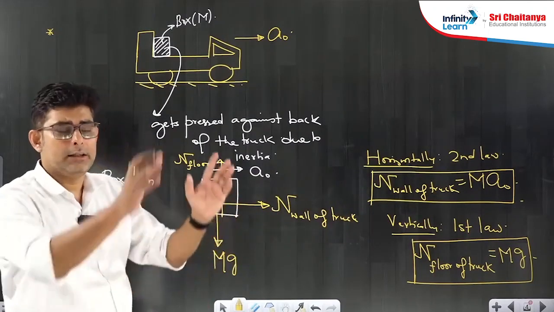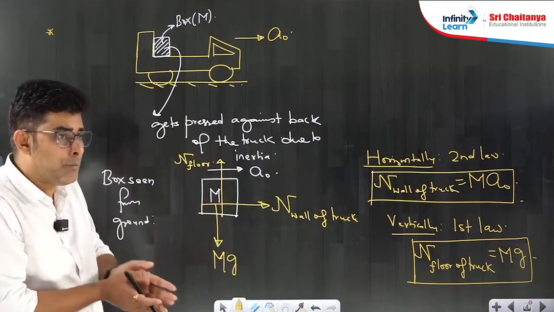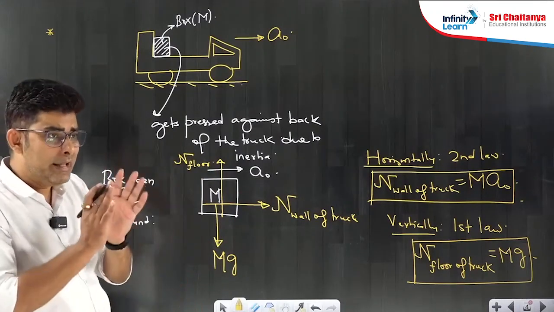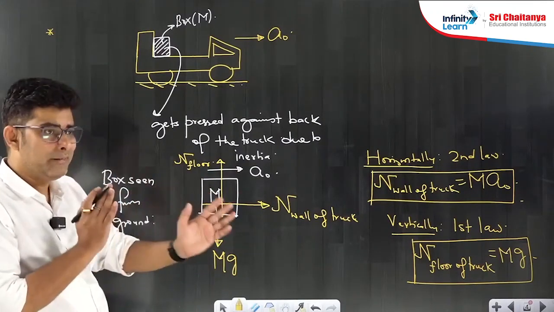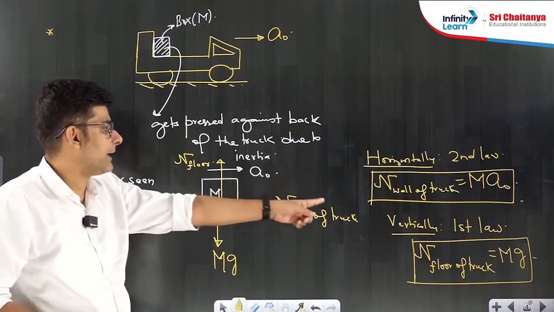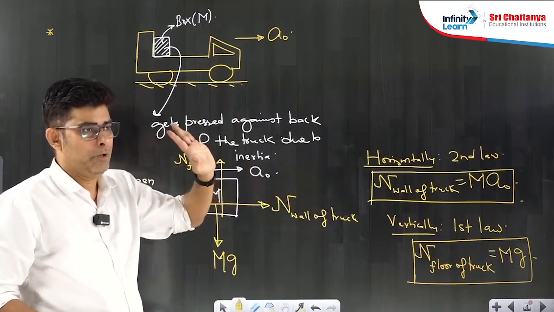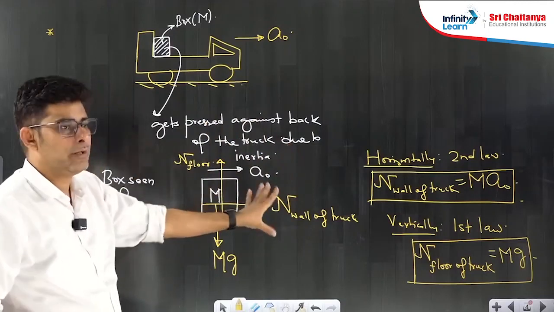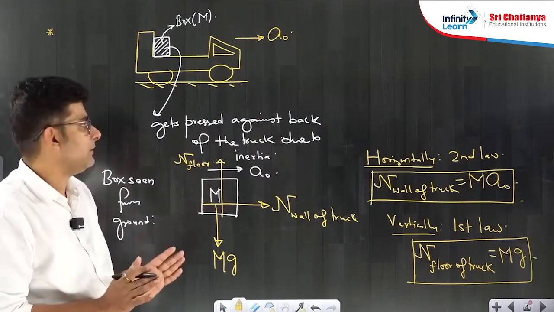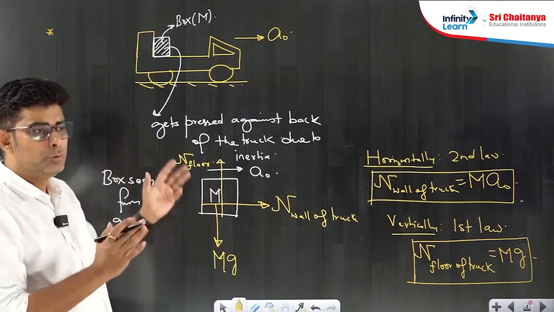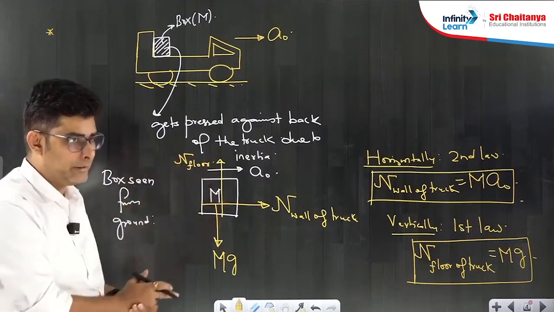And when there are unbalanced forces and the body is accelerating, then the net external force, meaning the resultant, will provide the acceleration by the second law. In this way we get whatever is required. This is the basis of Newton's laws of motion, how we apply them in different situations.